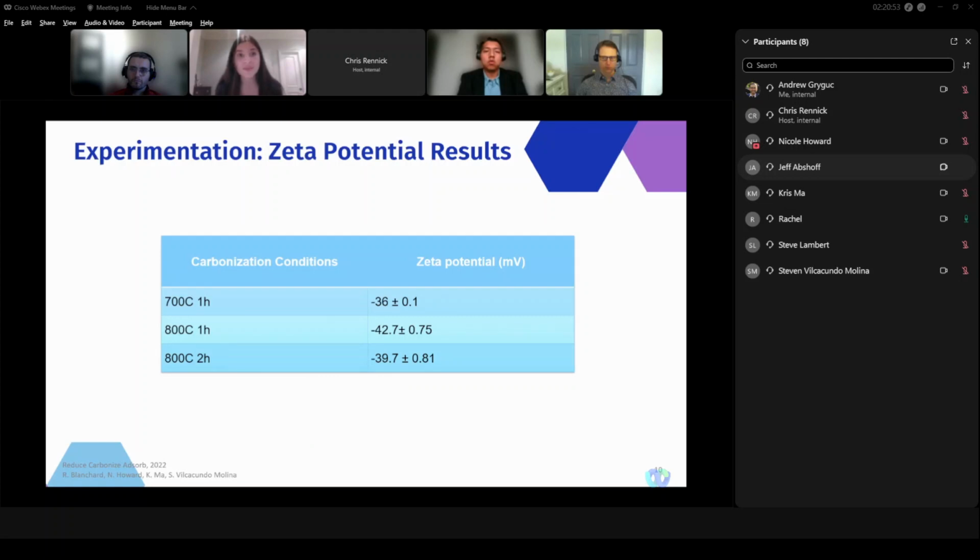Next, the performance of our product needed to be validated first by testing of the zeta potential, since this relates to the surface charge. As you can see from our obtained results, we confirmed a negative surface charge of all of our samples, which indicated the capacity to absorb cationic dyes such as methylene blue through electrostatic attraction.